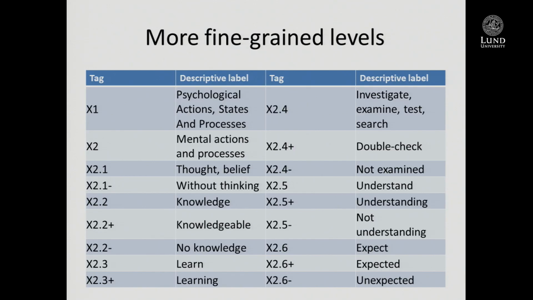So in A, you have general and abstract terms. In F, you have food and farming. K is for entertainment, sports, etc. So that's their kind of grouping, trying to put everything into a box here. And then there are more fine-grained levels within each of these categories.